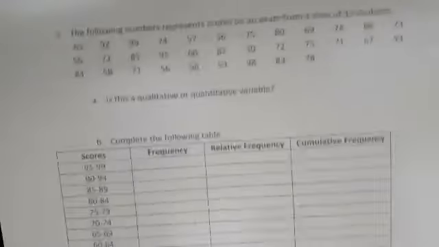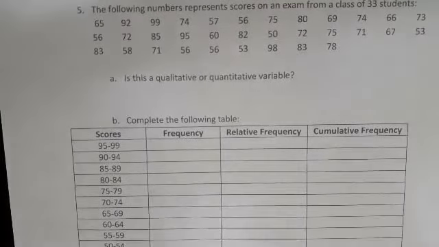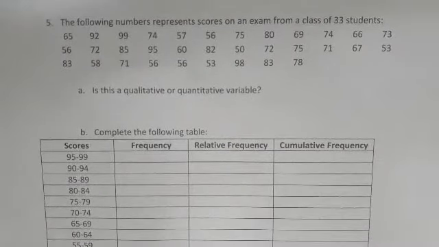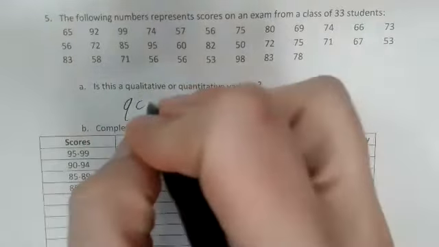Hold on. All right, take two. Here we go. Now my bins are fixed. I have all these numbers up here. And the first thing they ask, is this qualitative or quantitative? Hope you know if they're giving you numbers and it's a measure.